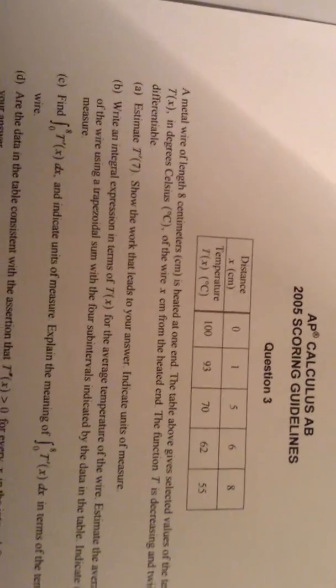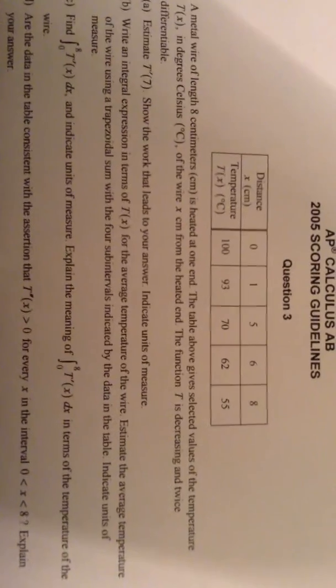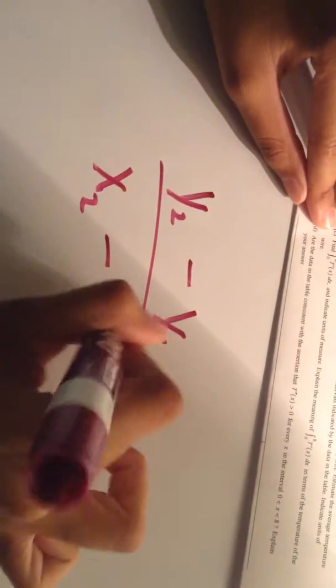For part A, the problem asks you to estimate T prime at 7, and it gives you a table. So what you're going to do is approximate using the slope formula, which is y2 minus y1 over x2 minus x1.